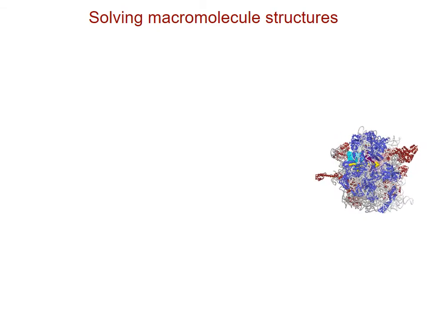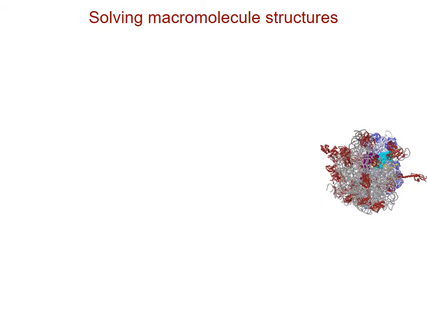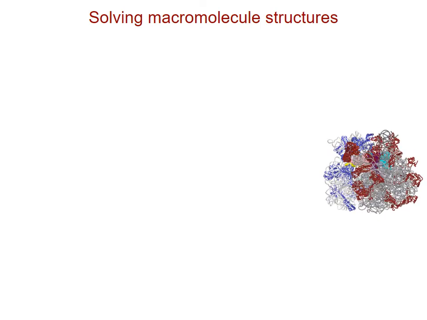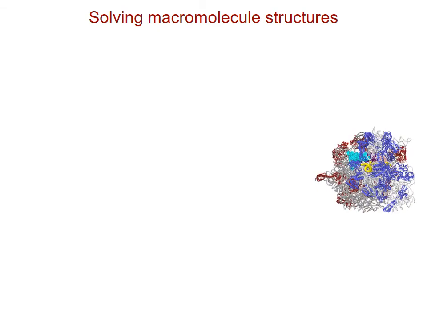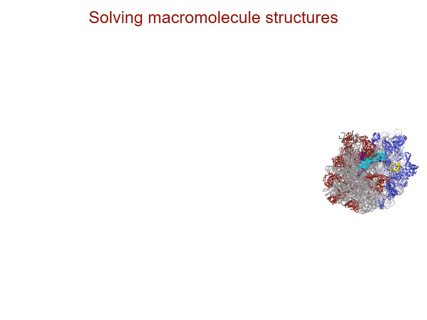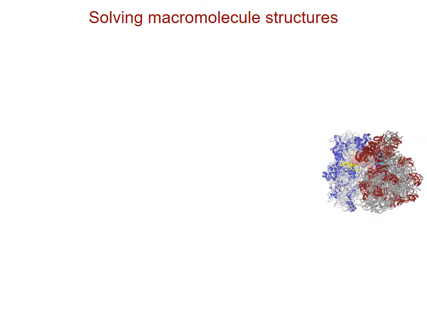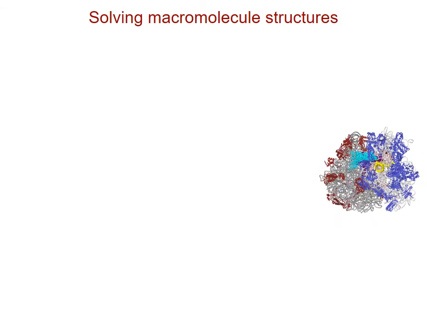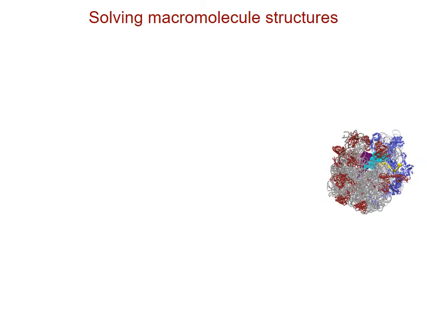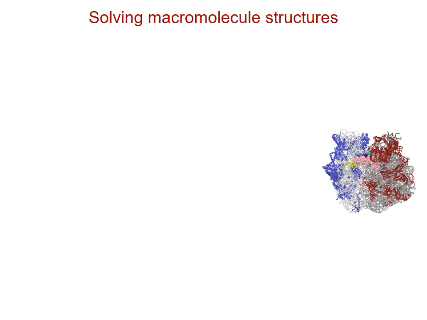Currently, although we are able to obtain the atomic models of a number of macromolecular structures, however, they are not obtained from single cells. And if we think carefully about how such structures are obtained, we can see there are some major problems.